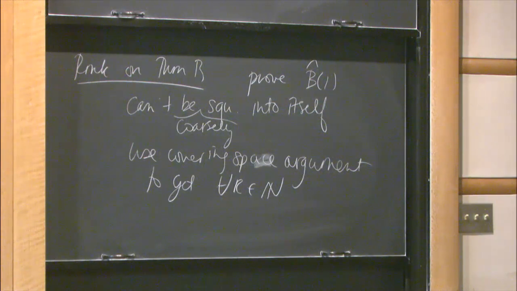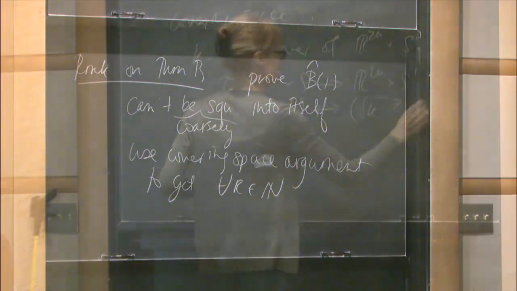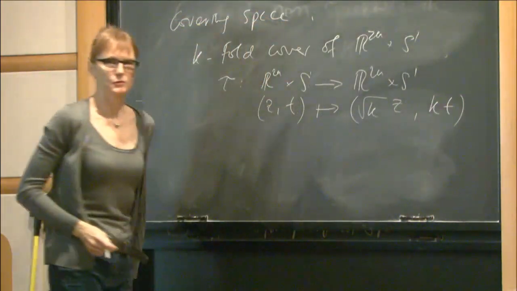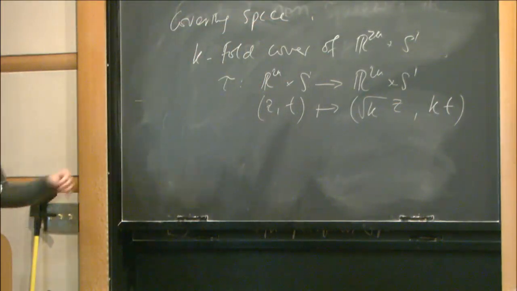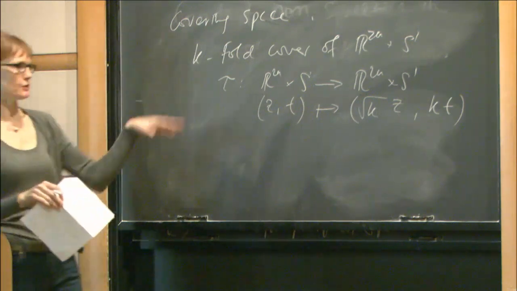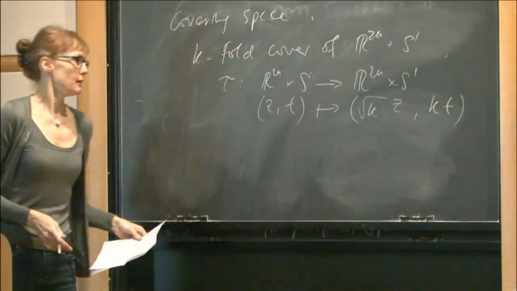Once again, z is the coordinate in ℝ^2n and not the z from the vertical direction, which is now called t. Sending (z, t) to (√k z, k t). We just have to proportionally shrink in the horizontal and vertical directions.